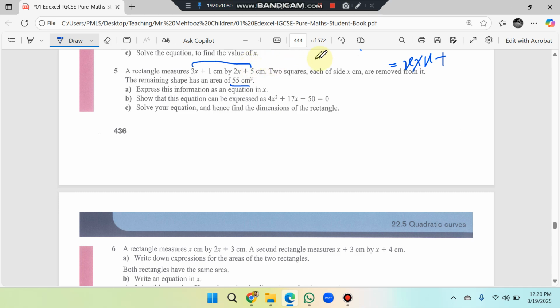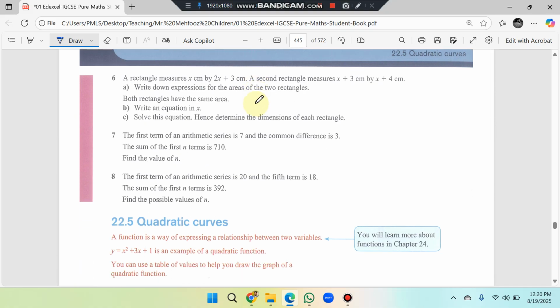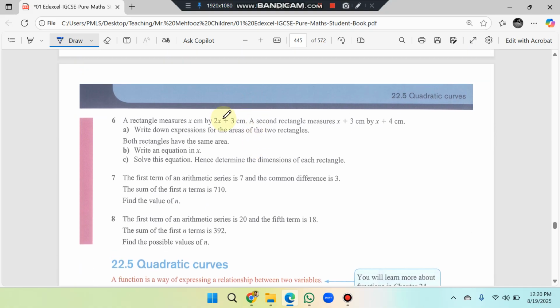Then we have to subtract the two squares having the side x. It means that we have to subtract x multiplied by x, again x multiplied by x. So we subtract these two squares, and your answer will be equal to 55, right? So you can obtain your quadratic equation.